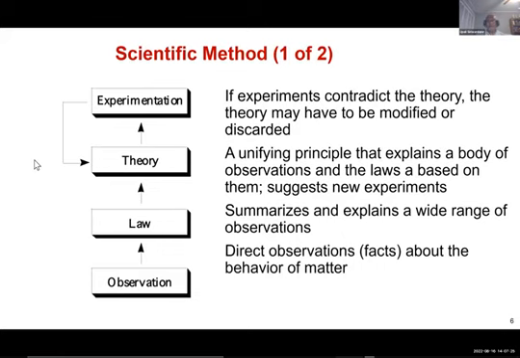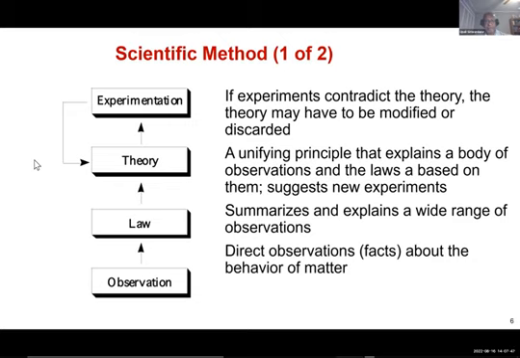Now we're going to talk about the scientific method. Observation is the first step in the scientific method. When you see something has changed, you are curious about it, you try to look at the change.